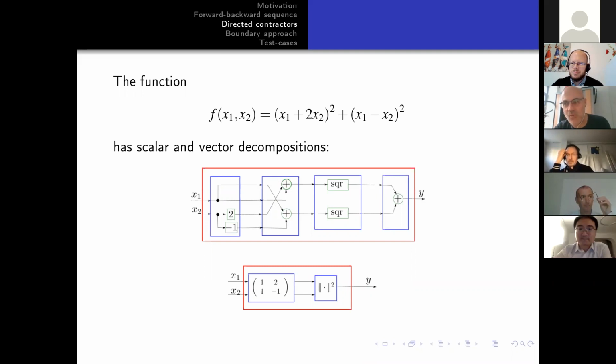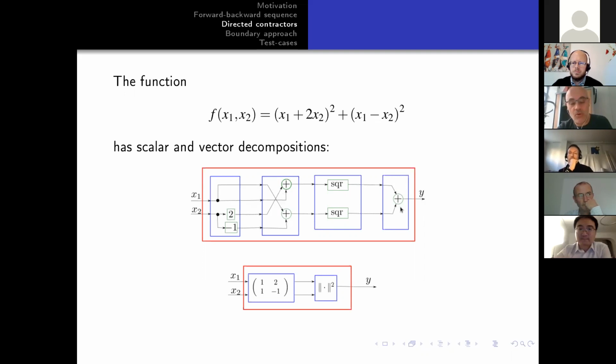So if I want to formalize a problem as a constraint, for instance, a set inversion problem, and I have a set which is defined by inequalities, and now I want to optimize a criterion, let's say a non-convex criterion, then I will need contractors for the constraints, contractors for the criterion. And the criterion may be complex, may be decomposed into a sequence of functions.